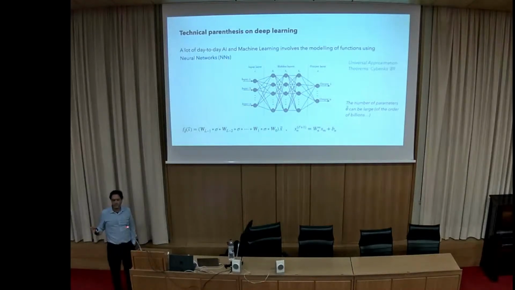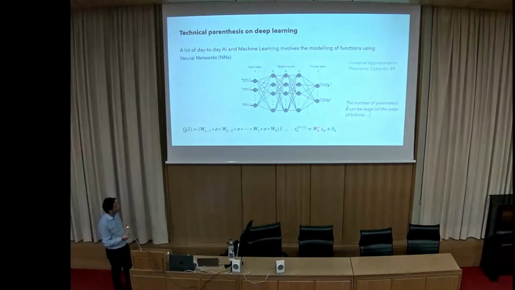Very simple, okay? And there are universal approximation theorems that tell you that if you take the width to be sufficiently large, then you can approximate any function with some general assumptions, within some error. Notice that by doing this representation, I managed to represent the function in terms of a number of parameters.